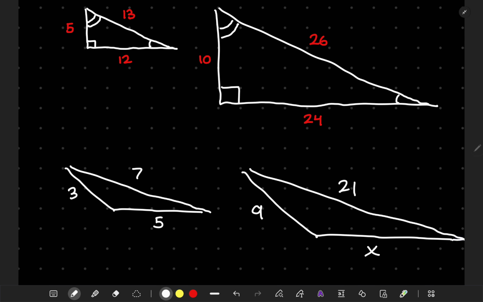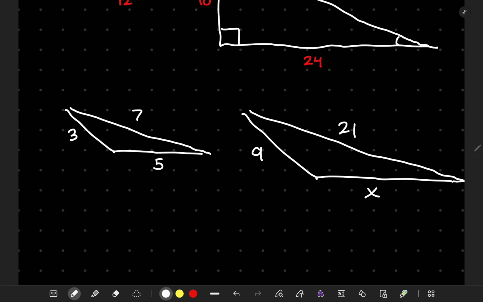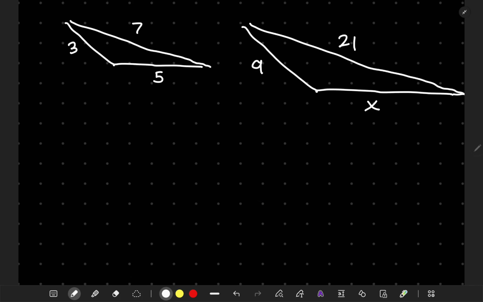Well, I have to ask myself, how do I figure out x? What am I doing from 3 to 9, 7 to 21? To this, we use what we call a ratio. A ratio compares two numbers. And so when we look at this, we can ask ourselves, what can I compare? Well, in both triangles, I compare two sides.